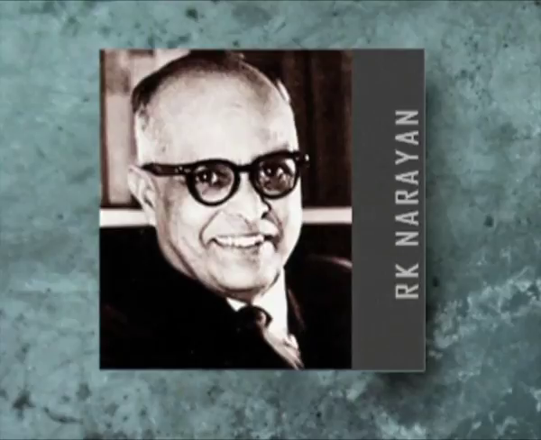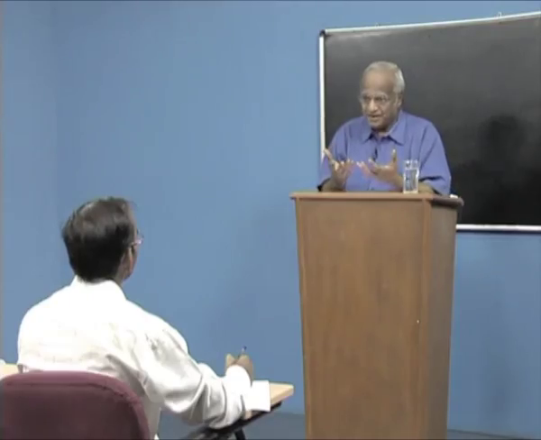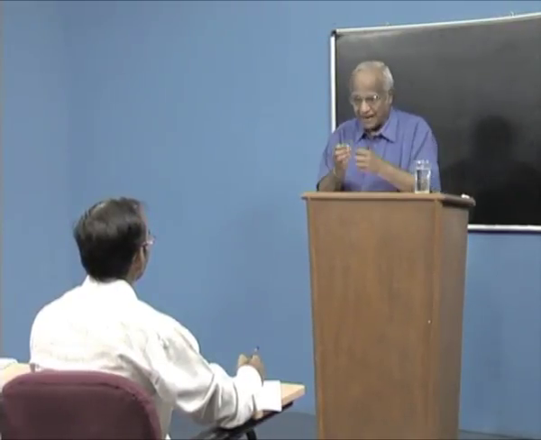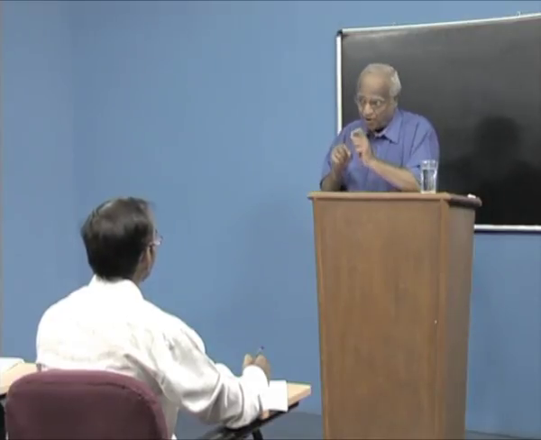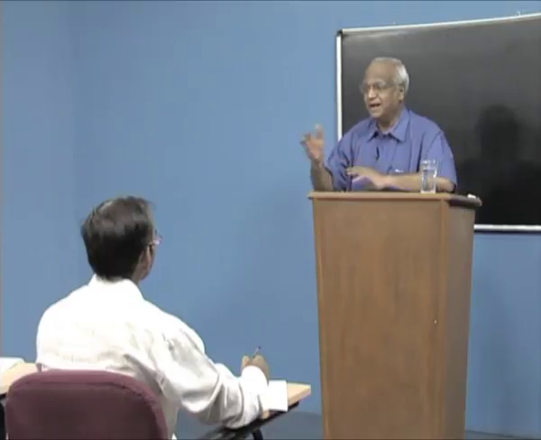Narayan, you'll find that Narayan, through his writings, even though he doesn't seem to be talking about Gandhi all the time, except in one novel which he wrote in 1956 called Waiting for the Mahatma, in all his novels you find that the Gandhian attitude of self-abnegation, of truthful behavior, of ethical conduct, of the means being as pure as the ends, these are ideas which constantly keep coming up in R.K. Narayan's fiction.